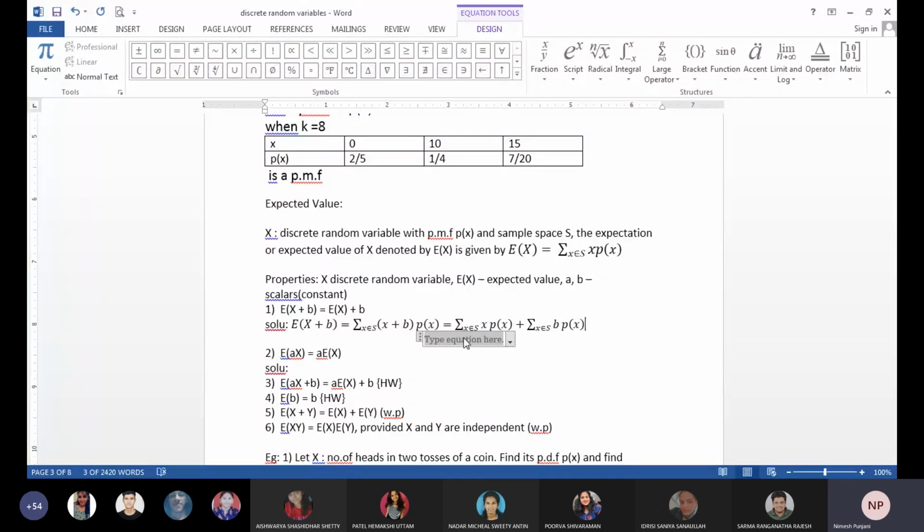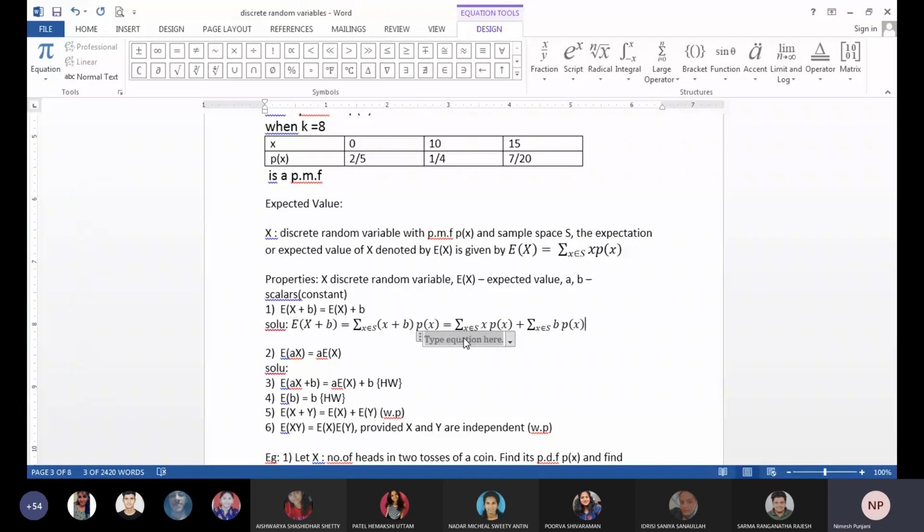We get this using the property of summation. So we started with expected value of X plus b, which is summation of x plus b into p(x) by the definition. Using the property of summation, उसको हम लोग separate कर सकता है. So that can be written as summation of x p(x) plus summation of b p(x).